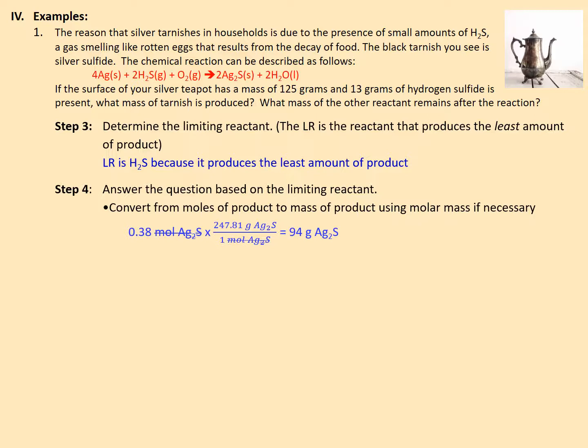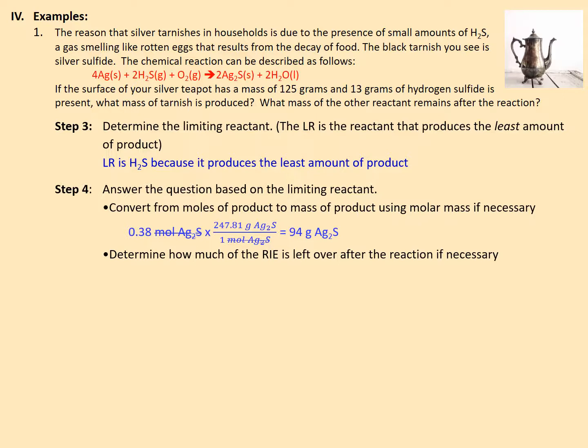Now the other question asks us something about the reactant in excess. It says, what mass of the other reactant remains after the reaction? So we need to take the additional step of determining how much of the reactant in excess is left over after the reaction. Let's revert back to the flow chart that was given a couple slides ago.